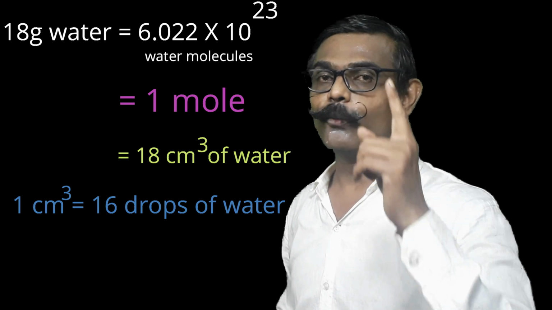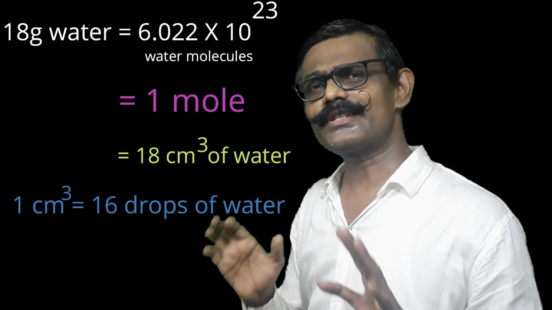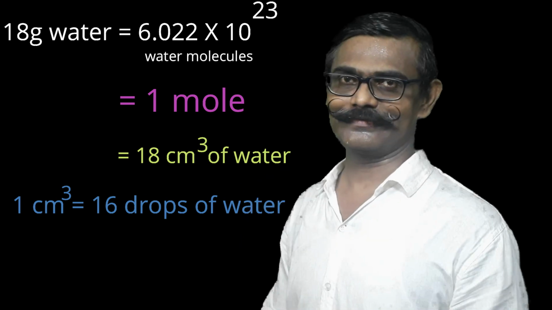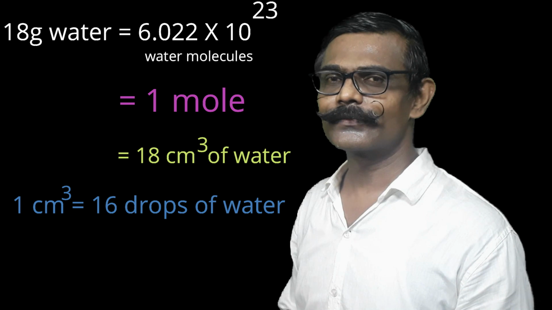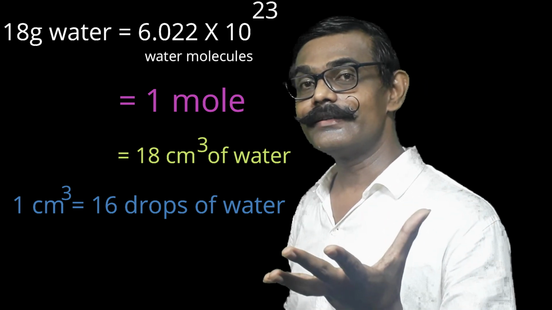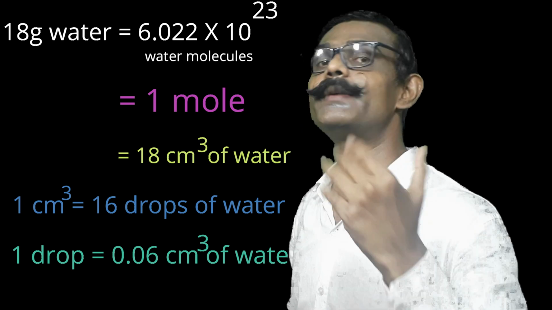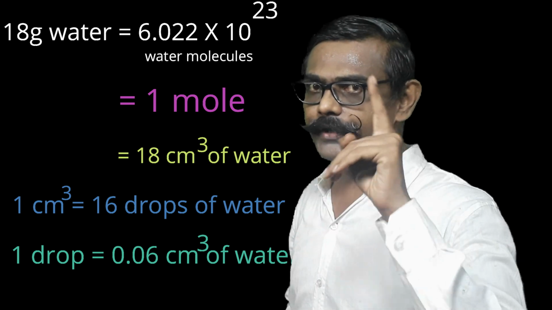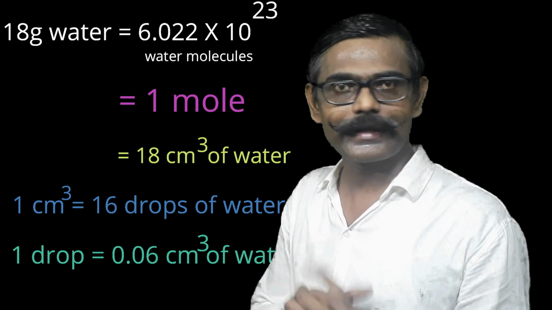Students, in 1 ml of water, there remains almost 16 drops. So 1 drop is equal to 0.06 ml, or you can say cubic centimeter. 1 cubic centimeter means ml. I am talking about the metric system now.